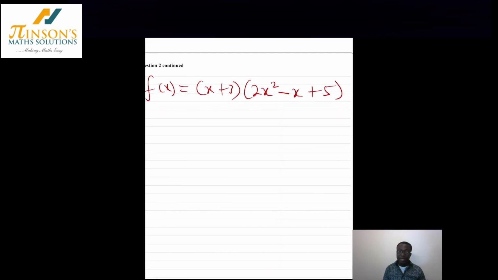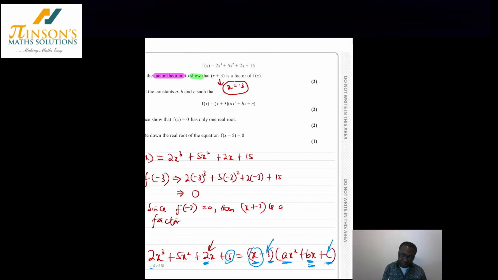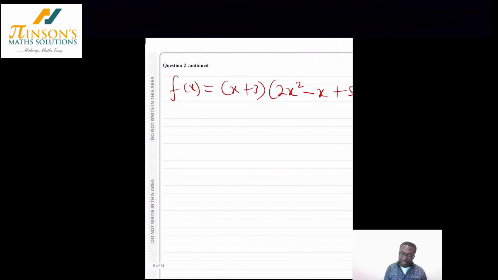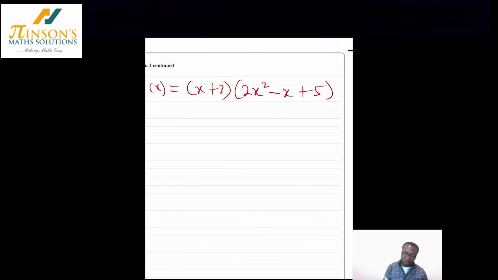The question says that this f of x, when we set it equal to 0, we will only get one solution, one root. The idea of root suggests the discriminant. Okay, so what that means is the only root we can solve here is this part. When x add 3 equals 0, we know x will be minus 3. So that's a solution. But what they are saying is that this quadratic part is not likely to be solved.